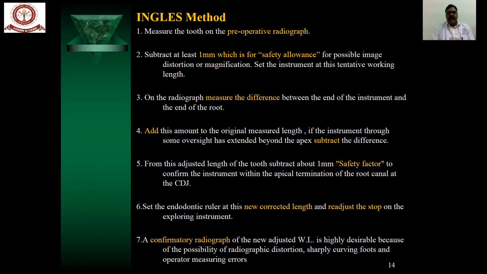So we just have to always keep in mind to go for a confirmatory radiograph to ensure that the file used for working length is not going beyond the apex or falling short of the radiographic apex.